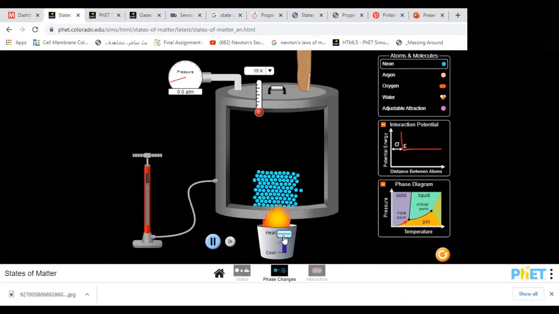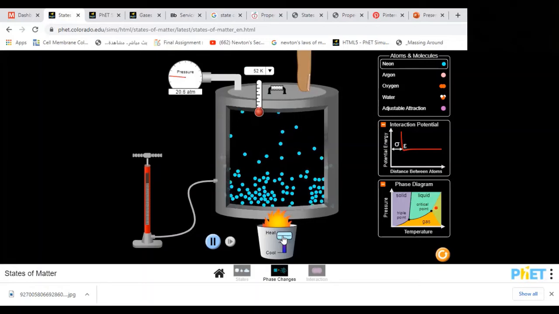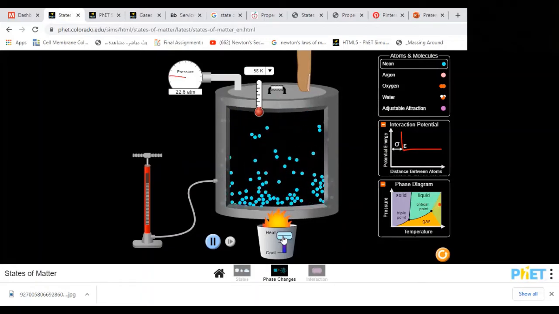Temperature and what? And pressure. Temperature and pressure. Okay? But now, if I heat this solid substance, which is neon in our case, solid will be what? Liquid. If I keep heating it, as the particles are moving farther apart from each other, more and more, it becomes gas.